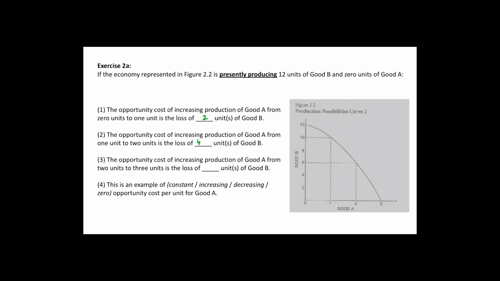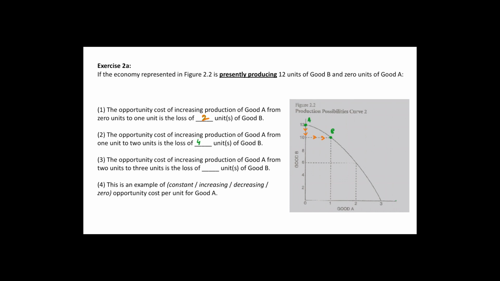The way this is done is, it says what is the opportunity cost of increasing production of good A from 0 units to 1. So if you're at 0, then according to the PPC you're here making 12 good Bs, and if you make 1, that means you come over here. So moving from point A to point B, you get 1 more of this, but you lose 2 of this.